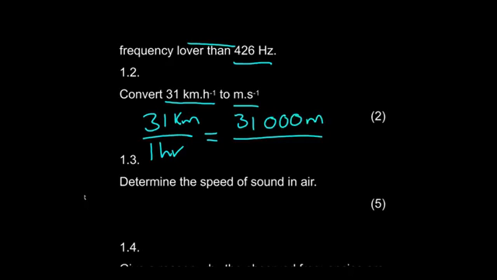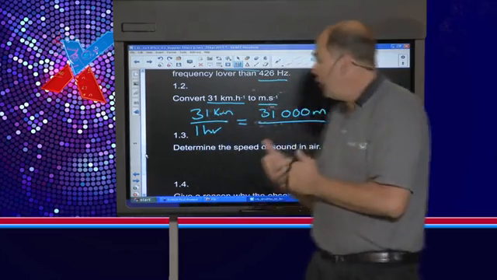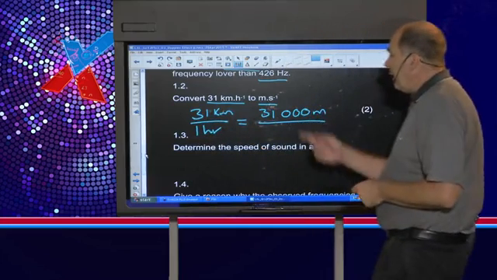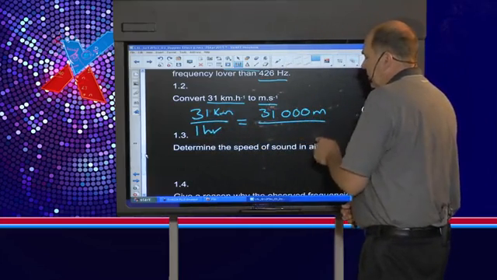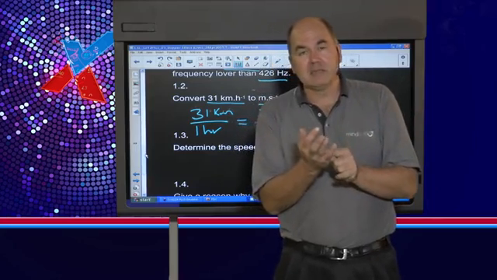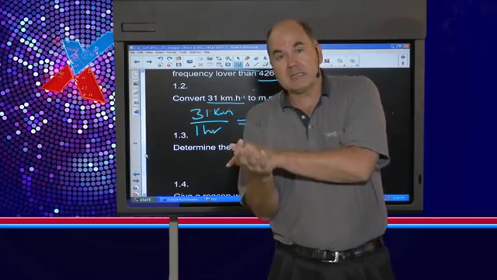Normally we don't worry about units and we don't put them into the equation. Here I'm doing it to show you how we're working with that. Now we need to change 1 hour into seconds. Well, I know that in 1 hour there are 60 minutes, and each minute is 60 seconds.